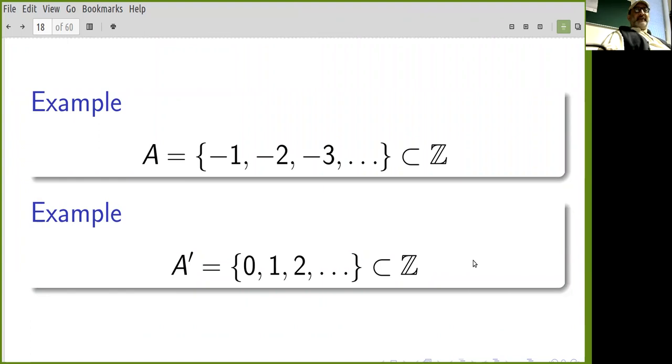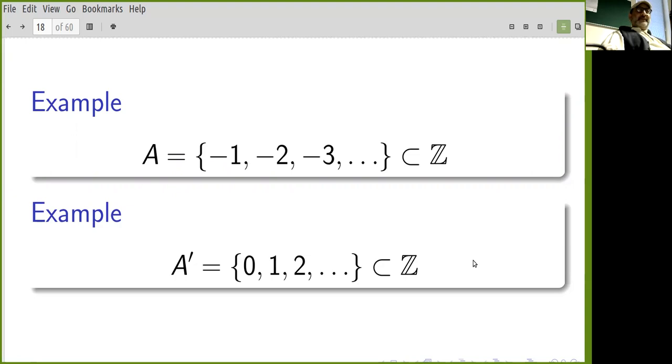For the notation, people either write A with a dash, A prime, for the complement of A, or they write A with a superscript capital C for complement. I'm going to try to be consistent and use the dash, but if I slip up and write C by mistake, it means the same thing.